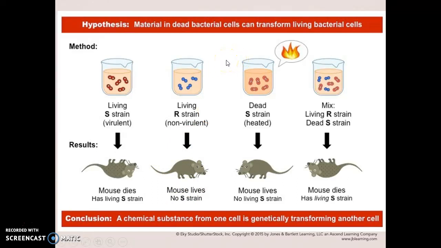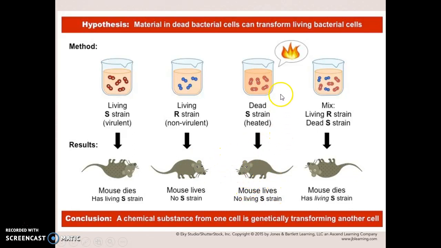So then he thought, okay, what's going on? That's so strange. The smooth kill, so the capsule must be causing the death because the rough cells didn't do anything. So then he tried to just put the capsule in: dead cells of the smooth strain. He infected the mice with the dead smooth bacteria, and the mice lived.